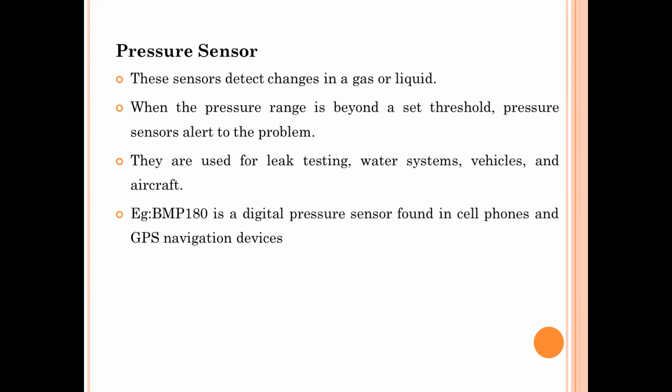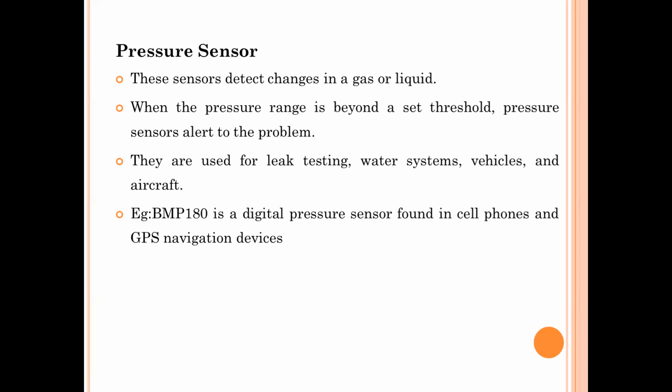The third is the pressure sensor. Pressure sensors help you detect changes in a gas or a liquid. When a pressure range is set and the pressure goes beyond the threshold value, an alert will be generated.